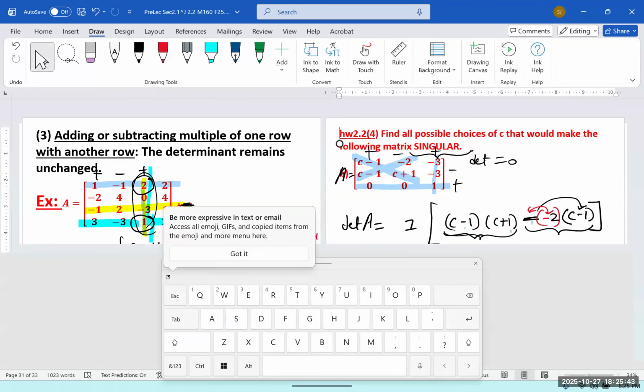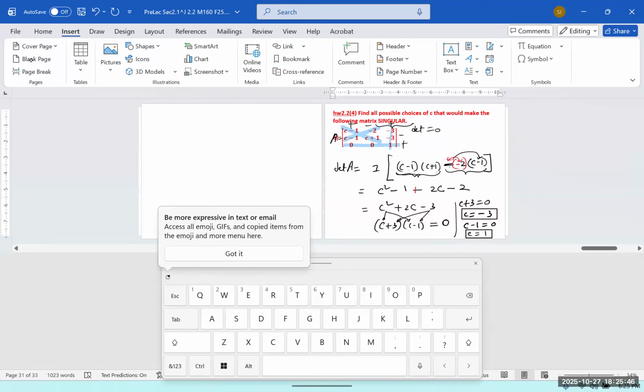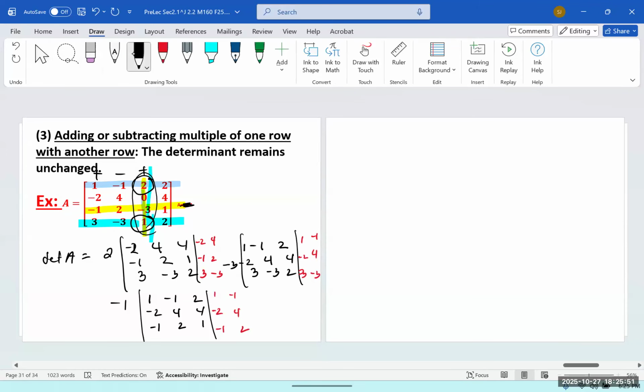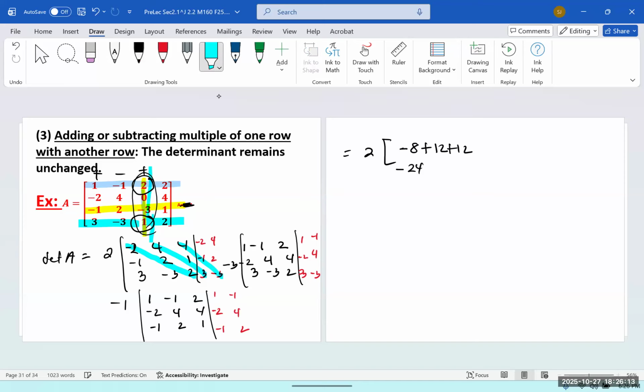Okay. 2 times. So we are adding all these diagonals. Negative 8 plus 12 plus 12. So when you go to subtracting, you are going to the right diagonals.